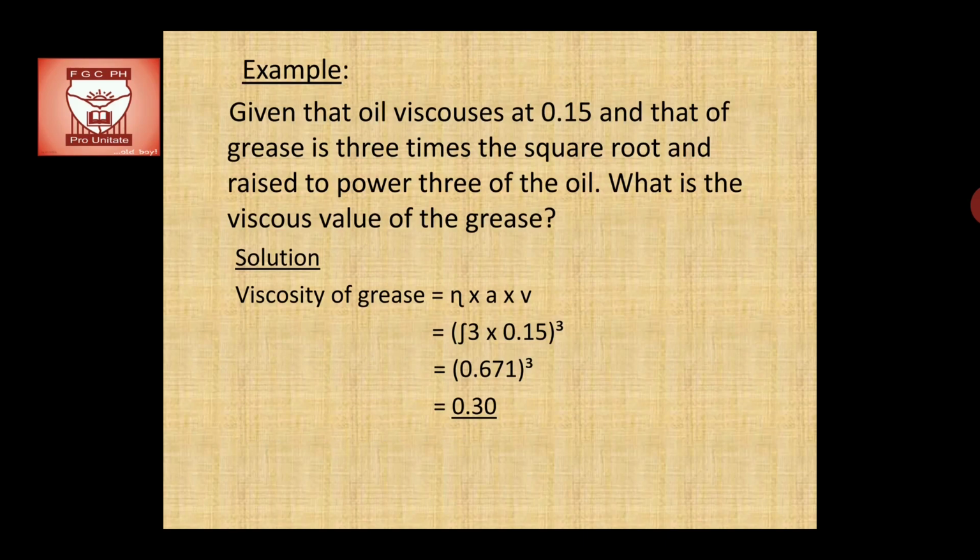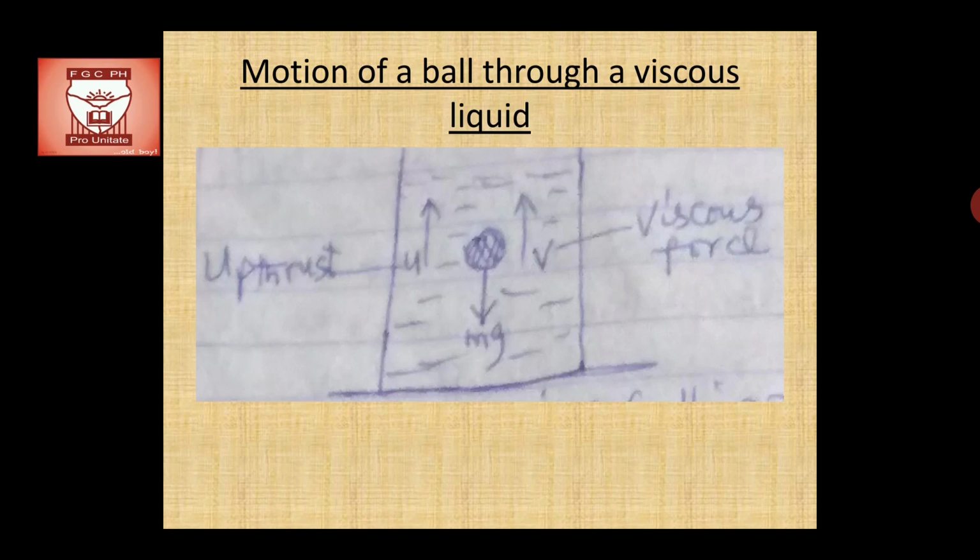Simplifying that, you have 0.671 to power 3, and eventually the answer comes out to be 0.30. It has no unit.